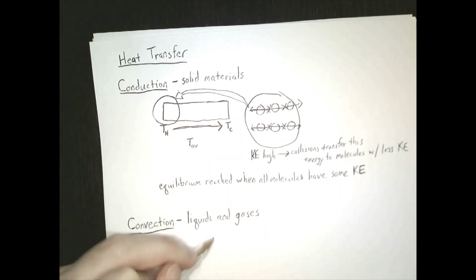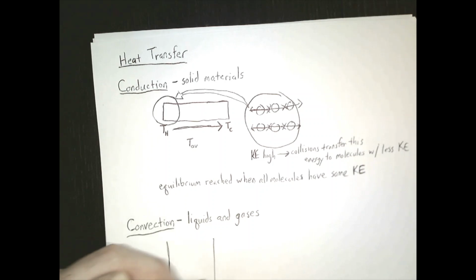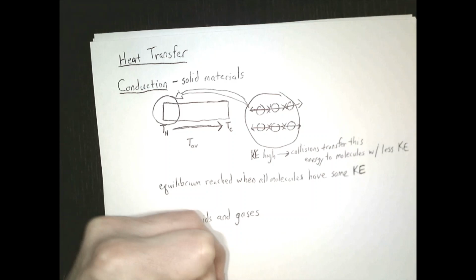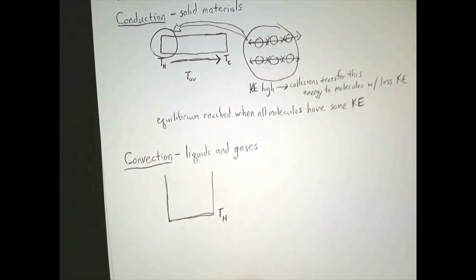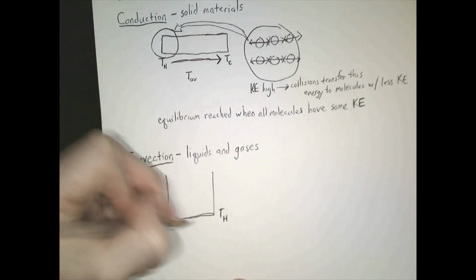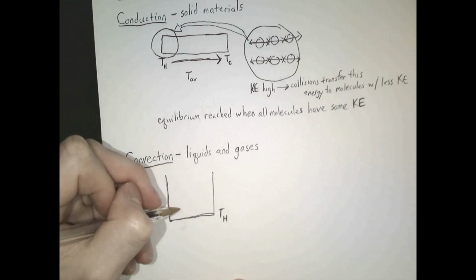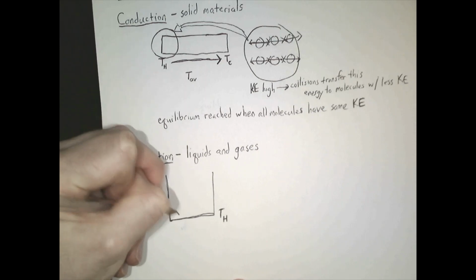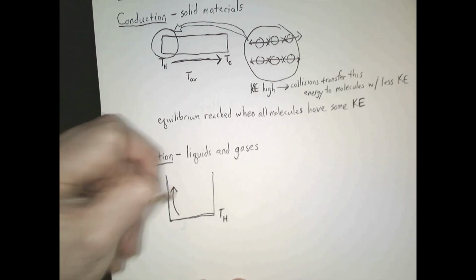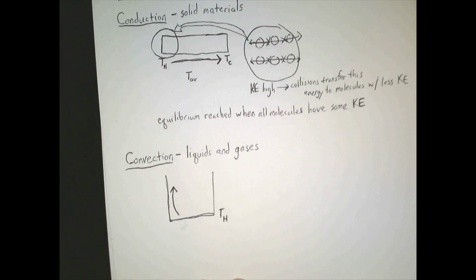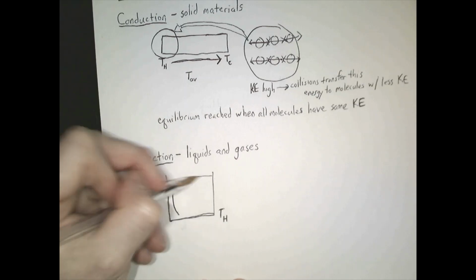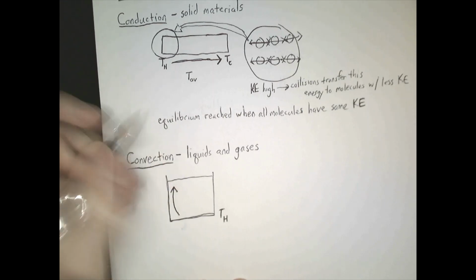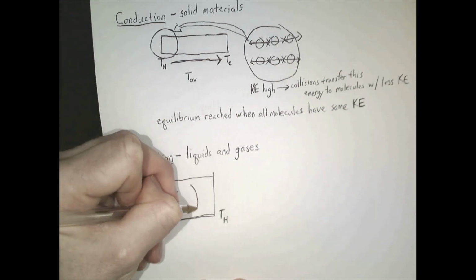If I have a liquid and I heat it from the bottom, so we have T hot down on the bottom here, what's going to happen is these molecules towards the bottom of the container are going to be able to move more. They have more kinetic energy, and so they're able to move more readily up through the rest of the fluid, and that's going to displace cooler molecules, which have less energy, and they're going to sink down to the bottom.